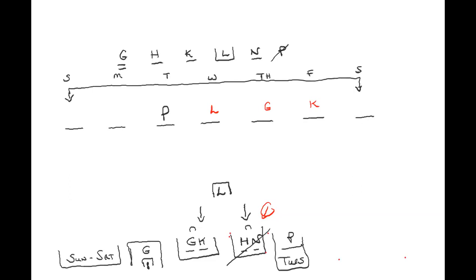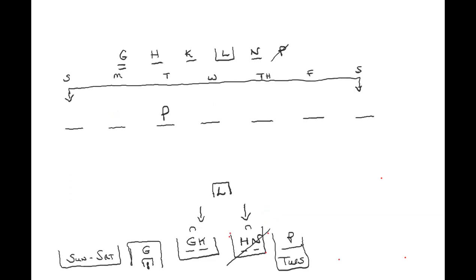So the only two letters you have left are H and N, and whoever you put on Saturday is going to be on Sunday next to whoever it is on Monday. So it doesn't matter, right? If you make this H, this will be H, this will be N, and that's the answer. It means L is scheduled for Wednesday is a statement that cannot be true. So the answer there is C.